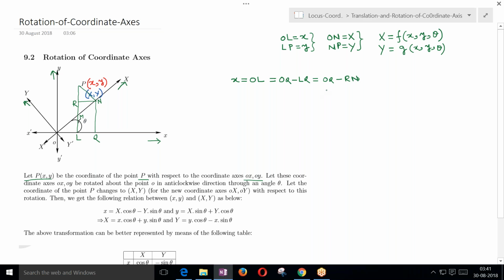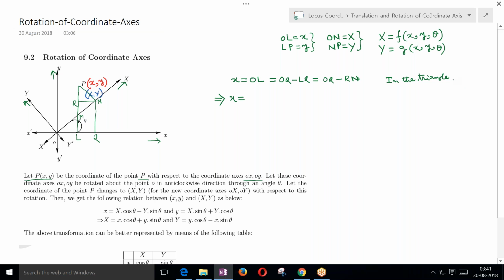Now let's see what OQ is. Let's look into the triangle OQN. In the triangle OQN, we are going to find OQ.